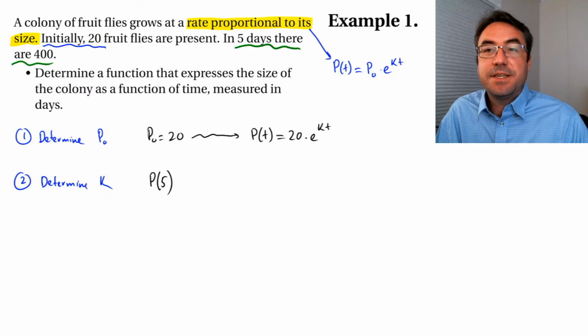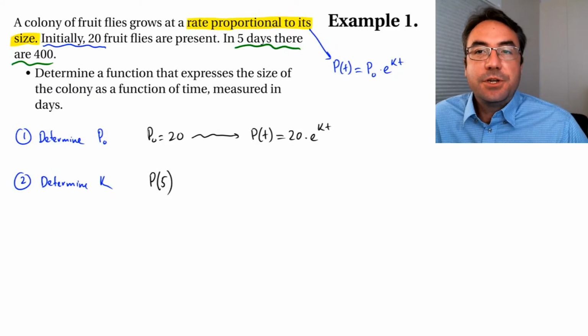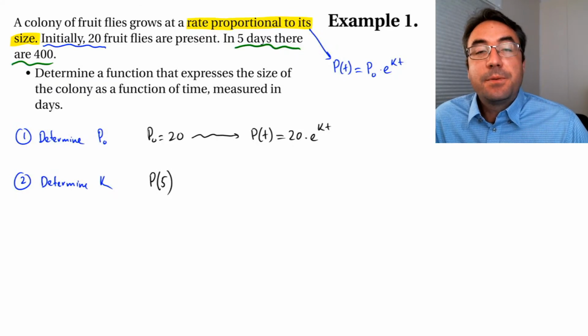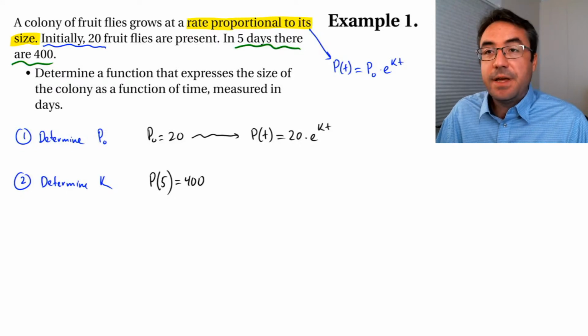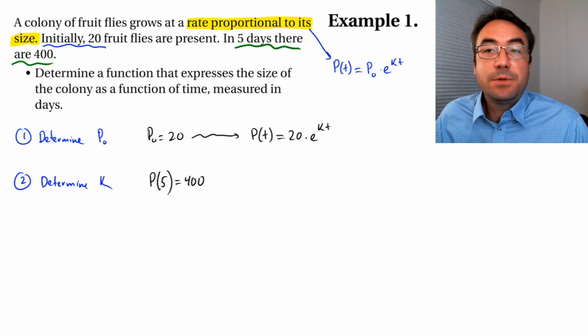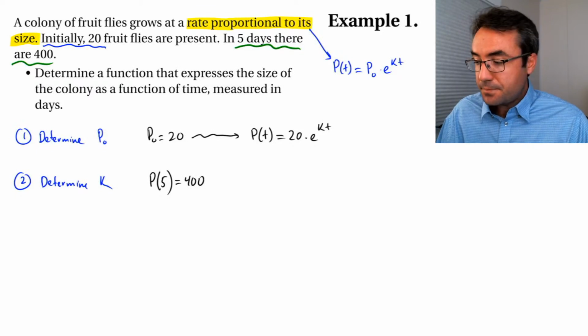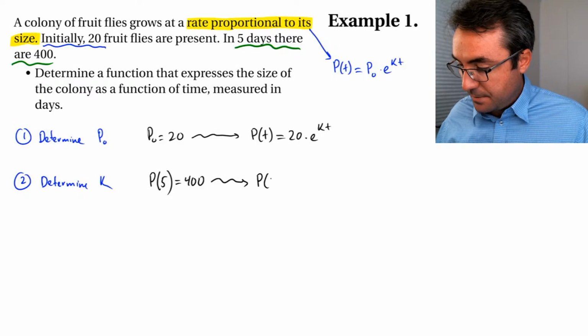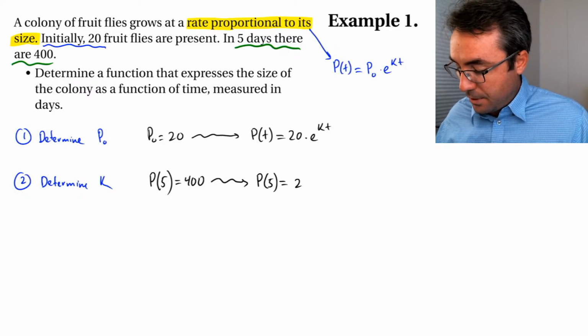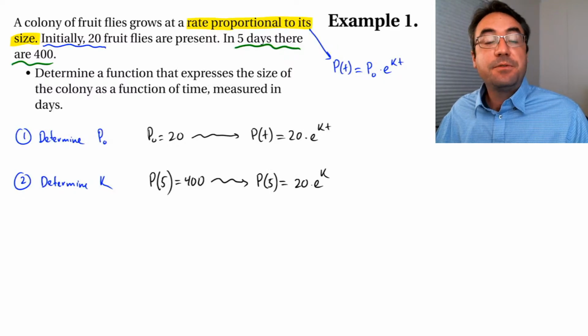Really what that's saying, using function notation here, is that if we were to evaluate our population function at t equals 5, we would get 400. So really that's telling us that p of 5 is equal to 400. So let's fill that into our function. We know our function is 20 times e to the k times t. So let's fill 5 in for t.